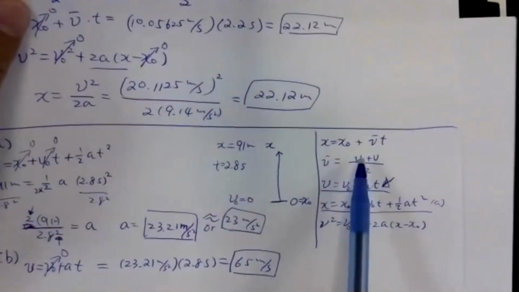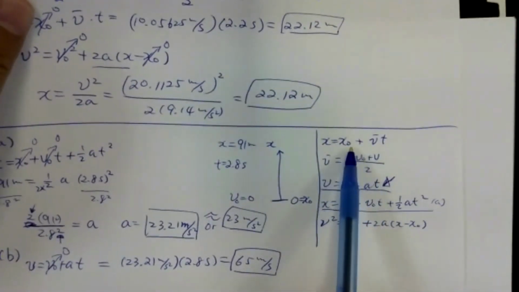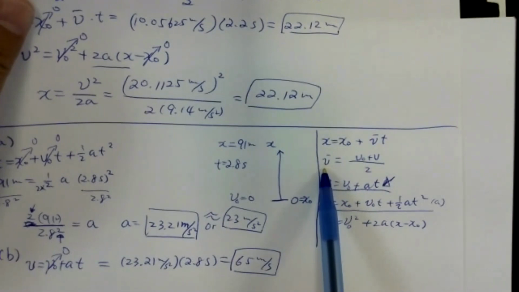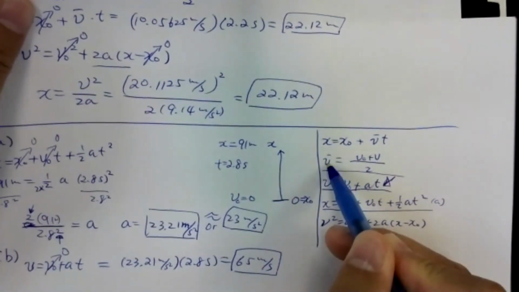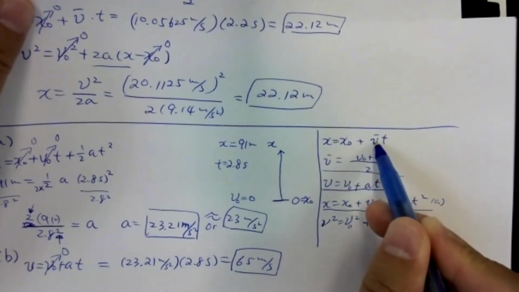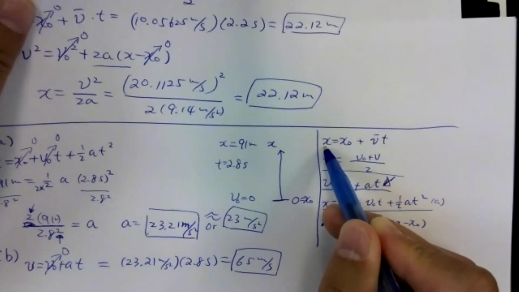Then you are looking for x, okay? So you can use this one, in addition to this guy, right? You figure out the average velocity first, and then take that into this equation because this is given. So then you can solve for your final position.